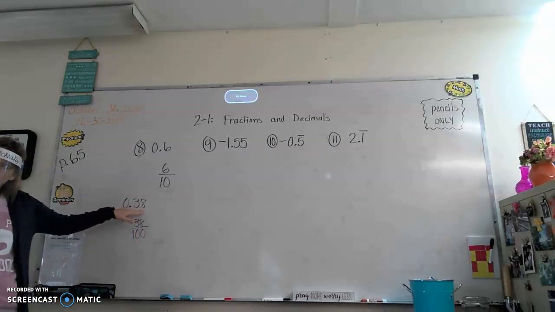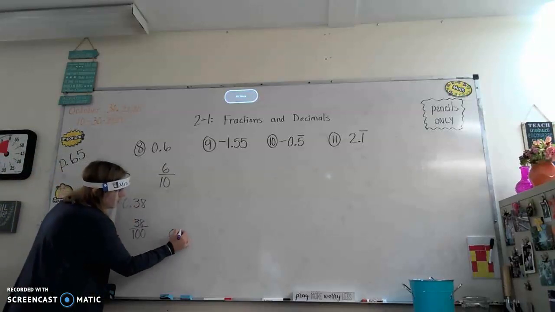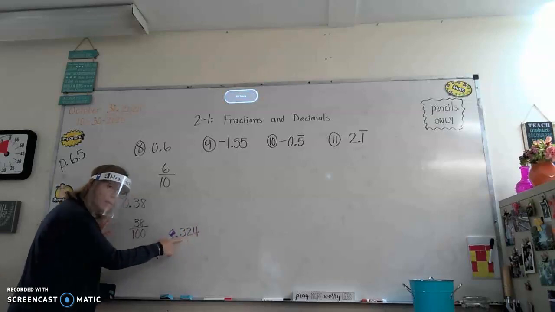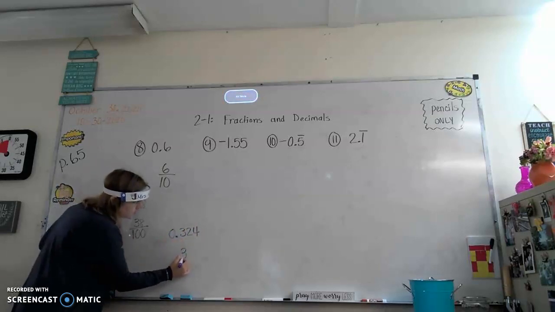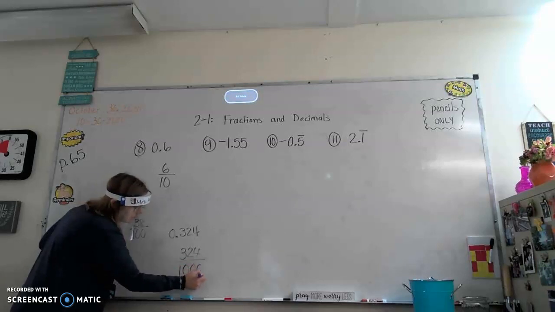Does that make sense? And if I had 3, I'm going to write the top number down, and I would have how many zeros? 3 zeros.